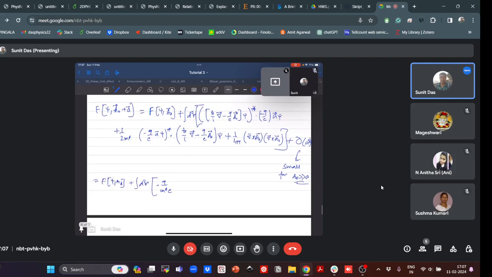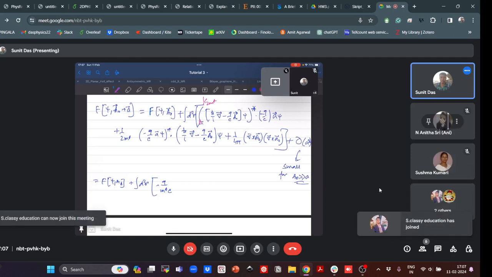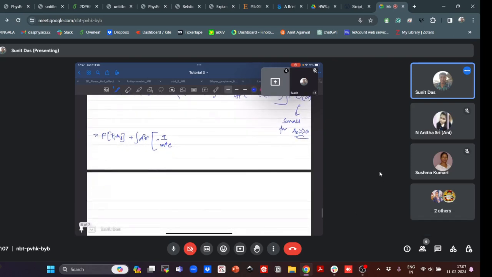Here I missed 1 by 2m star. Minus q by 2m star c, then we'll have h bar by i gradient of psi star psi.